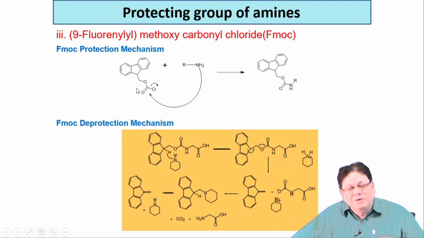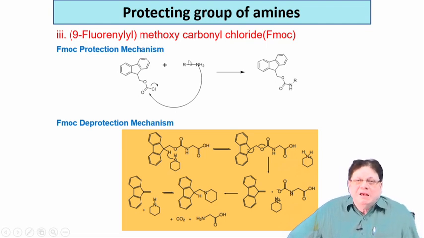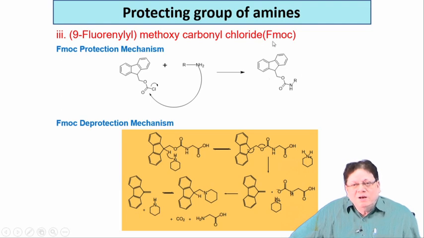So, it requires definitely one equivalent of base, because you are releasing one equivalent of HCl. So, the group that is generated is this OCO in HR, and on this part is the fluorene derivative. This is abbreviated as FMOC, like your TBOC, and this is fluorenyl methyl oxycarbonyl.